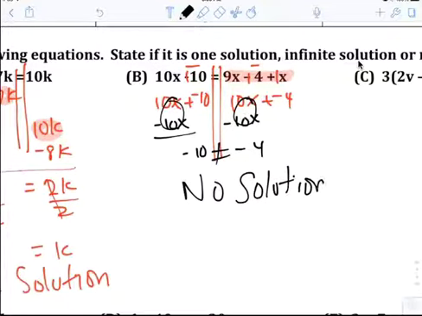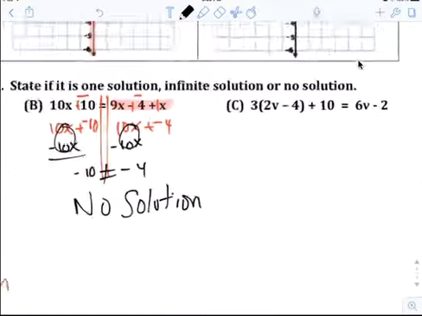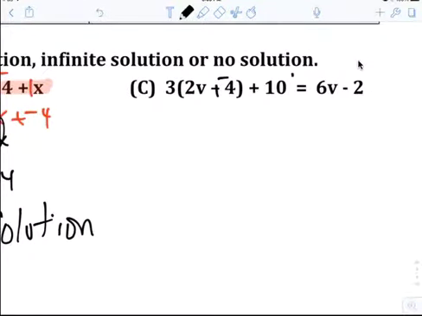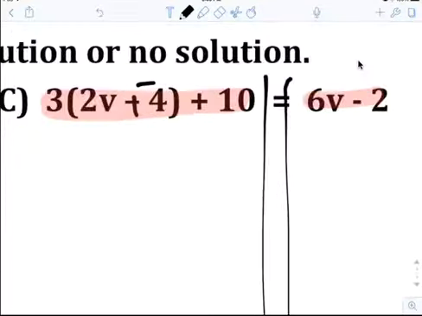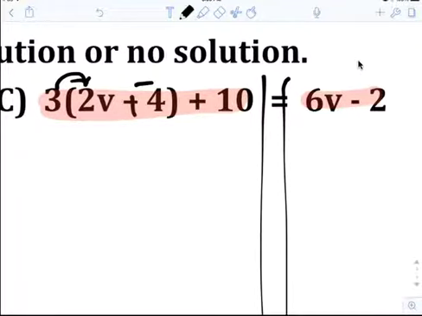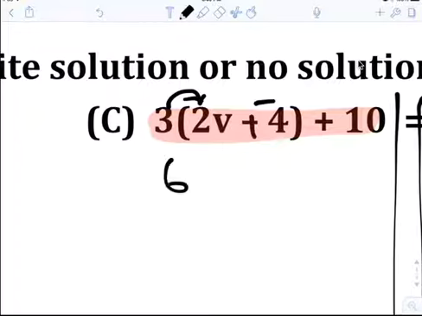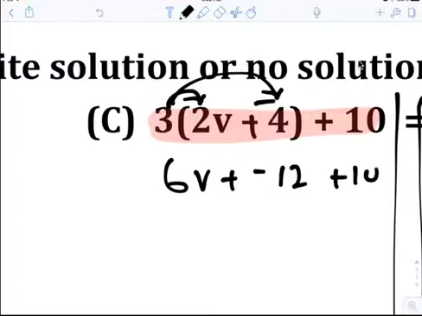Okay? Right here you do additive inverse plus a negative. There's two sides. This expression right here is much more difficult than that. So we're going to start with this expression. And in this expression here, right here, you do distributive property first. 6v plus a negative 12 plus 10.